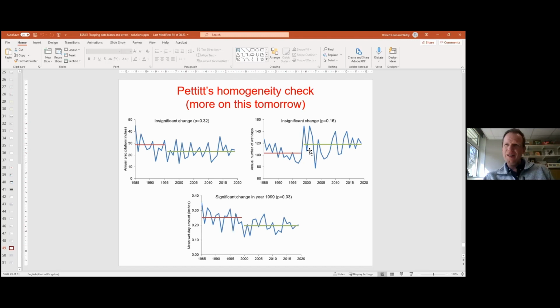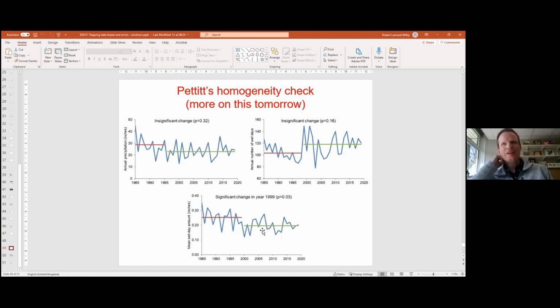However, we are seeing a greater number of wet days in the most recent 20 years. And when we combine the two, because of the lower rainfall totals and the greater number of wet days, we actually have smaller rainfall amounts on average. So the mean has come down in the most recent decade. And that is, according to Petit's test, a statistically significant difference between these two periods.